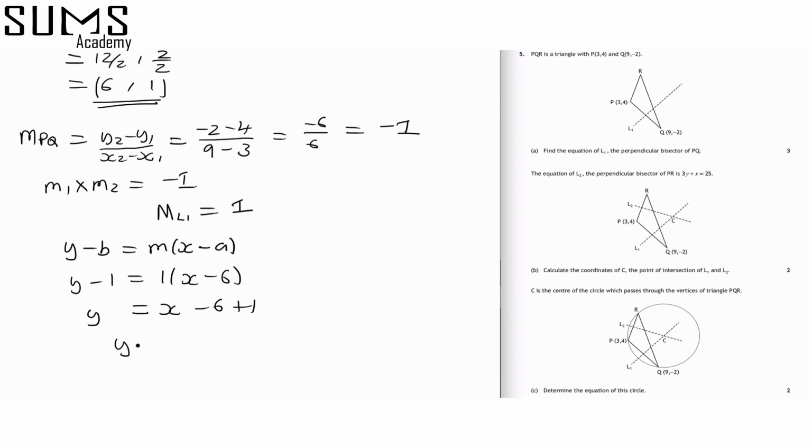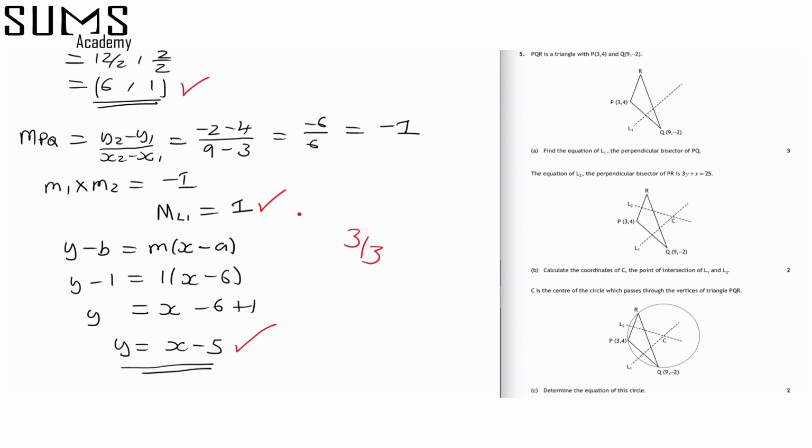So y is equal to x minus 5. Right, so to get your 3 marks there, you have 1 mark for working out the midpoint, 1 mark for knowing to get the perpendicular gradient, and 1 mark for putting the equation in the right form of y equals mx plus c.